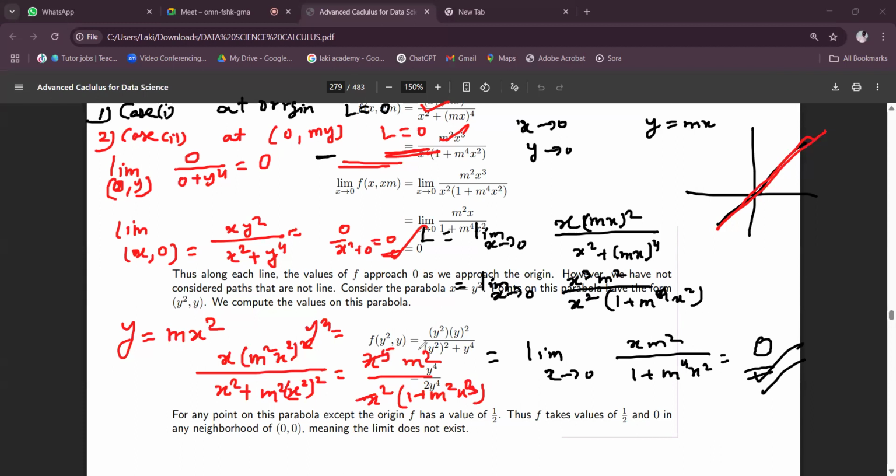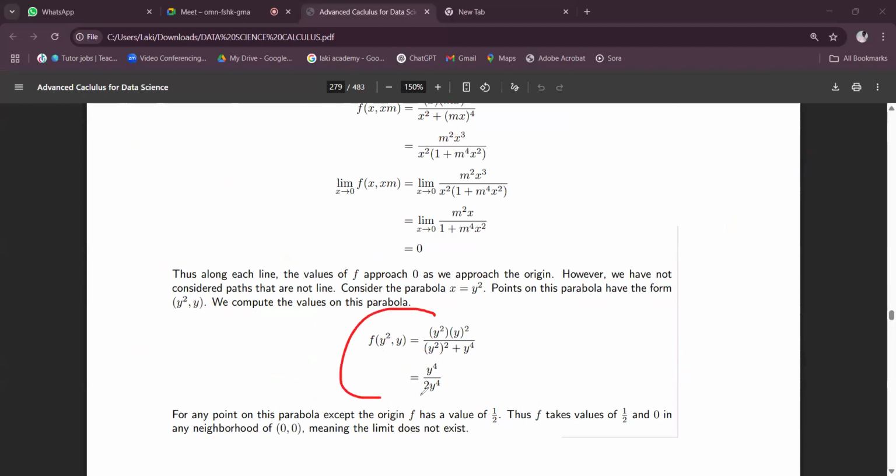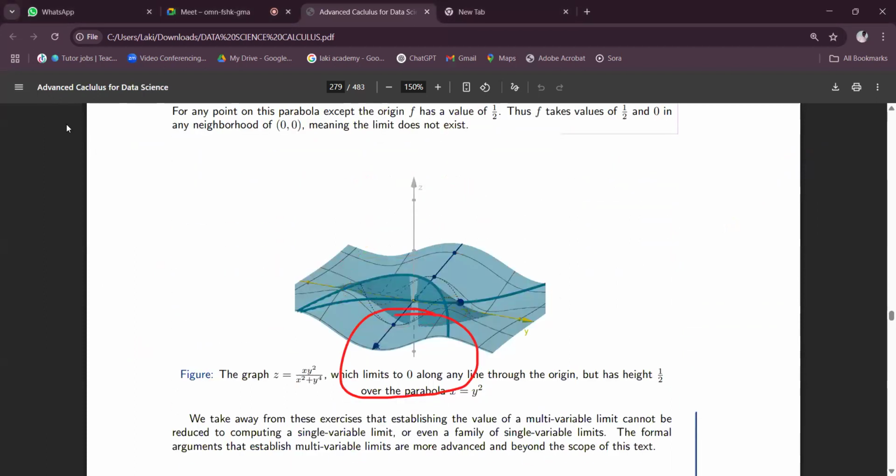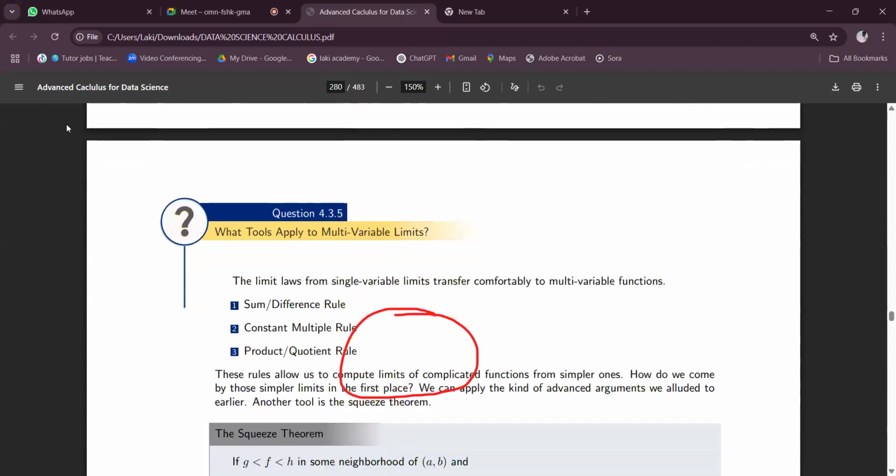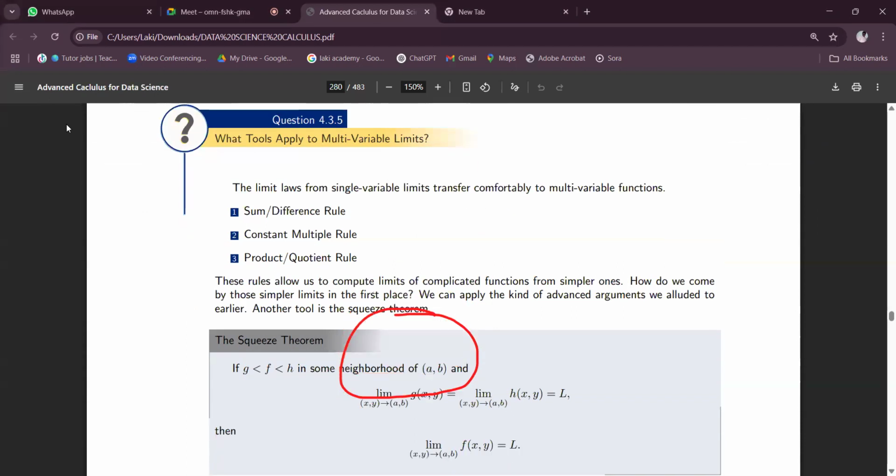Again, you are getting 0. I think this limit exists. In this part, it is solved using a parabola, but it is always solved using a line.